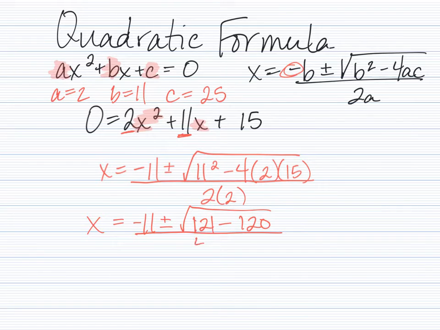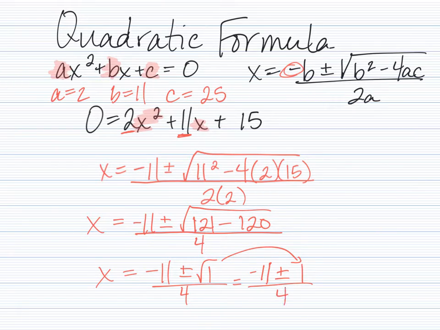All divided by 2 times 2, which is 4. Simplify some more. Negative 11 plus or minus square root of 1, all divided by 4. Just so happens 1 times 1 equals 1, so this is negative 11 plus or minus 1, because I took the square root of 1, all divided by 4.